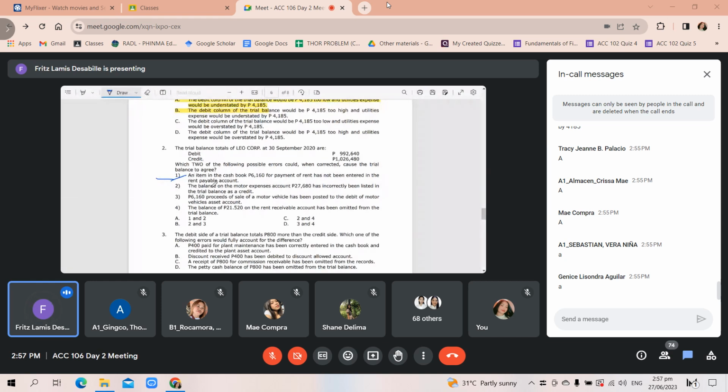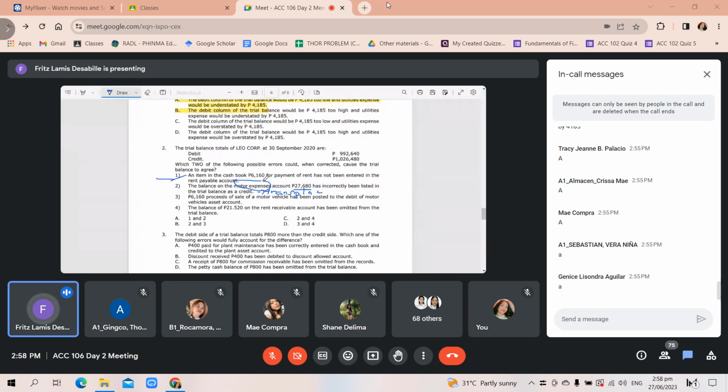Number 2, the balance on the motor expense account, 227,680, has incorrectly been listed in the trial balance as a credit. Obviously this is wrong. This is called a transposition error.